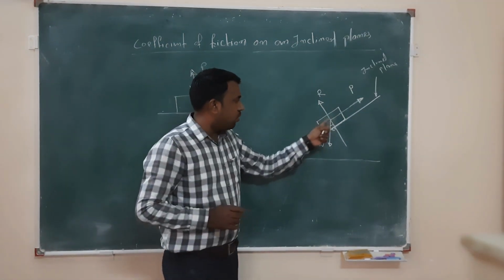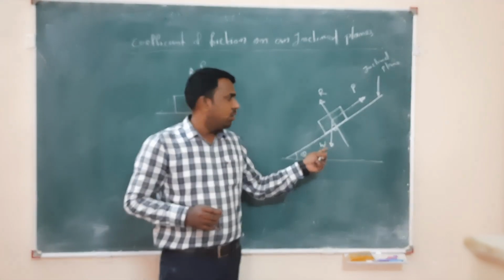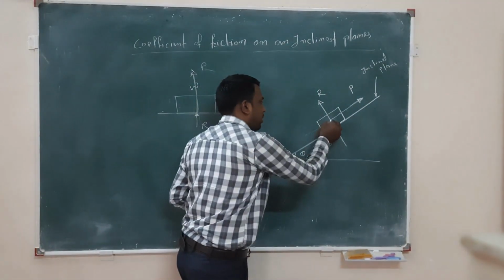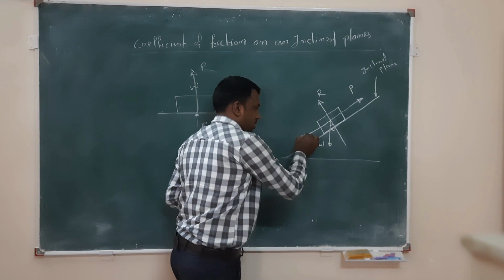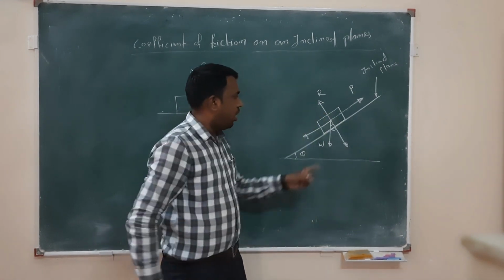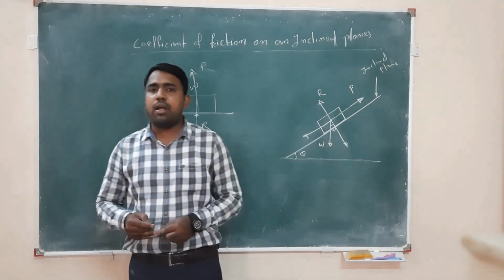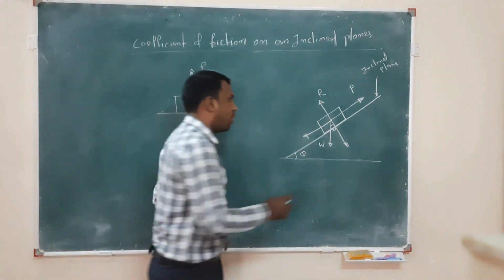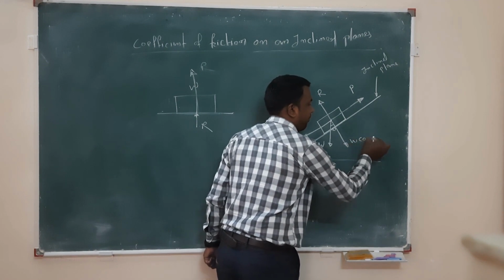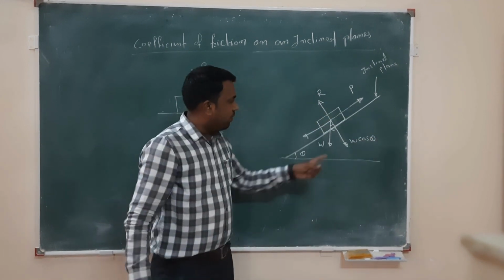So if we resolve this vector along these two axes, the component of the vector on this axis, where it makes the angle theta, is given as W cos theta. Why is it cos theta?